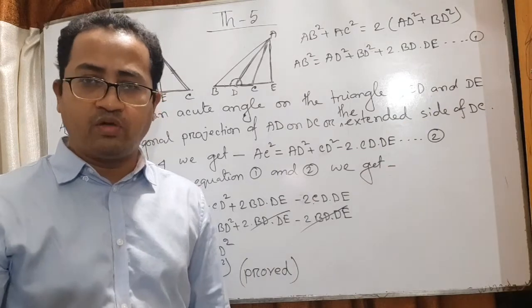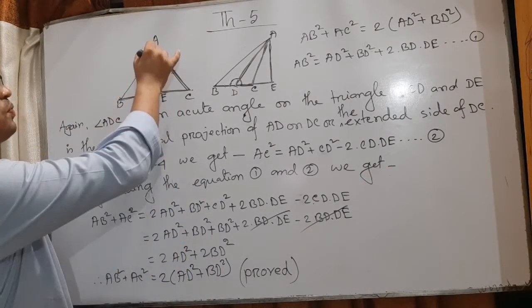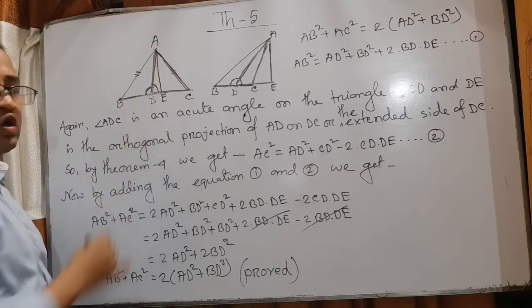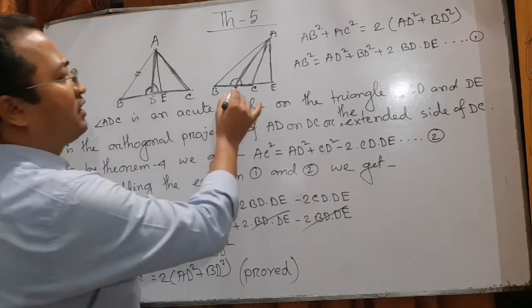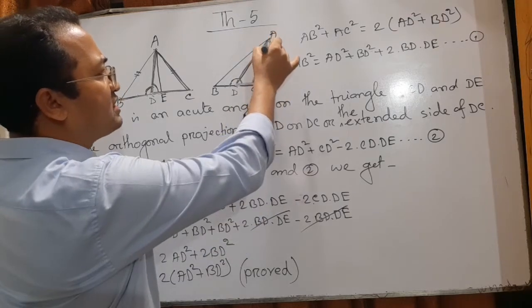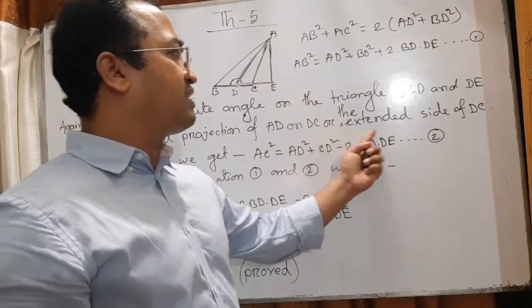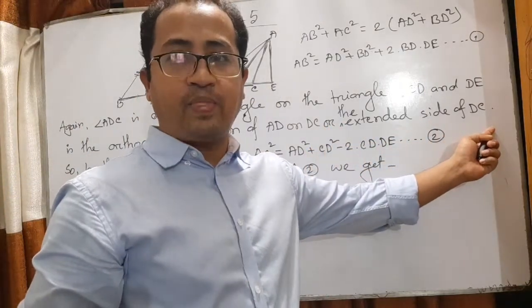Already I have briefed how DE becomes the orthogonal projection of AD. Here DE is the orthogonal projection of AD, but it is outside the triangle, so it will be on the extended side of DC.